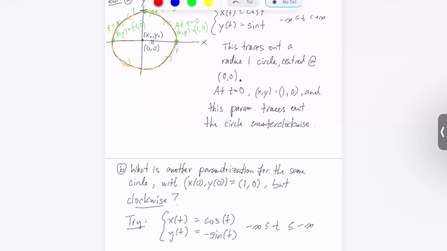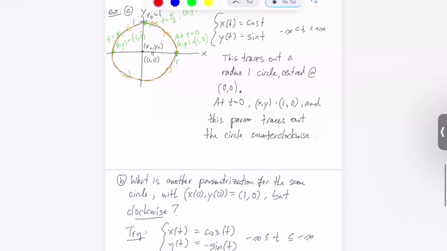By the way, you could also switch cosine and sine, like is suggested in chat. But to do that, you have to play around with your parameter t so that at time equals 0 you start at this point.